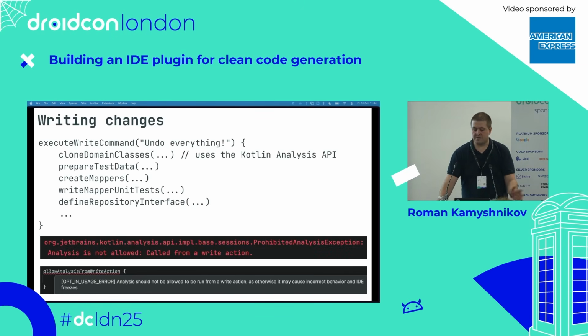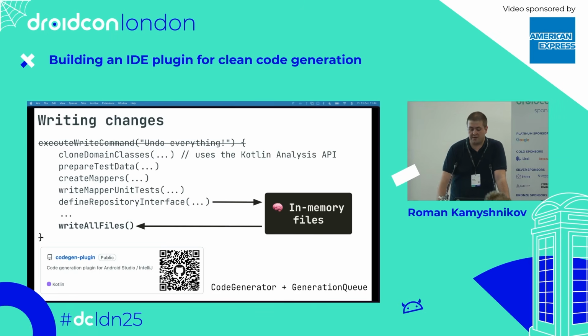There are a couple of solutions. The first one is we could wrap our entire code generation in an execute write command. This works, but has the problem that Kotlin Analysis API does not allow you to use it inside of a write command. There is a way to override that, but the IDE is very clear by showing you a warning in that case that this is not something that you should be doing, so I would refrain from doing that.